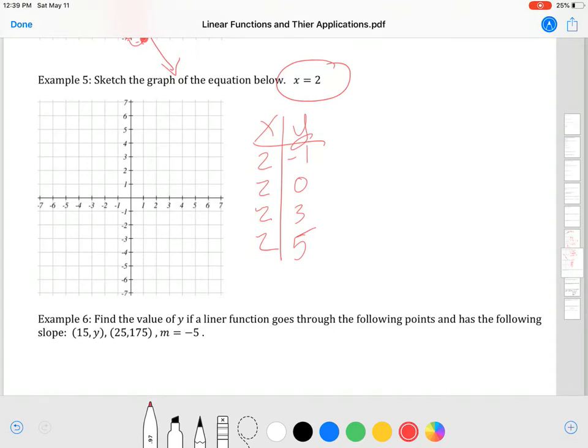Doesn't matter what my y value is, x is 2. So then when I plot those points, (2, -1), (2, 0), (2, 3), (2, 5), I can see this is my case of a vertical line. So now I'm positive I've got the right answer because I thought through it instead of trying to memorize it and make a guess.